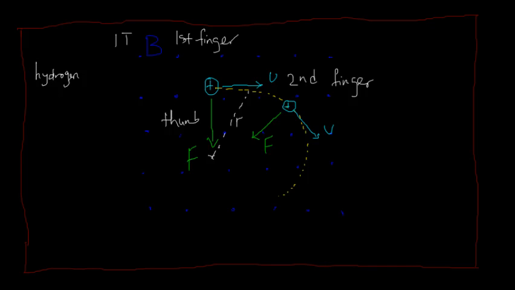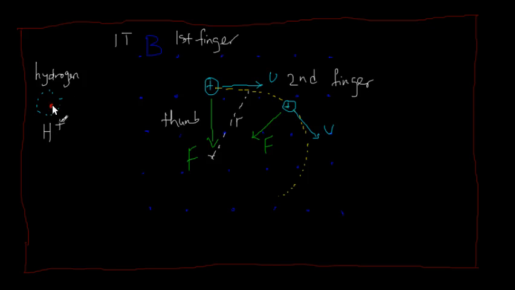Now, a hydrogen atom, let me describe this a little bit, has just one proton in the center, and it has an electron that goes around it. A hydrogen ion, which we normally represent as H+, is a hydrogen atom that has lost its electron.